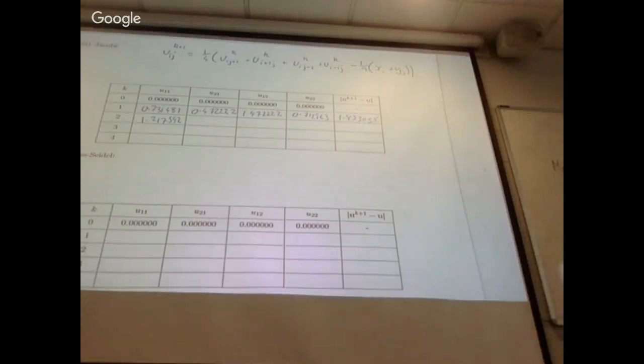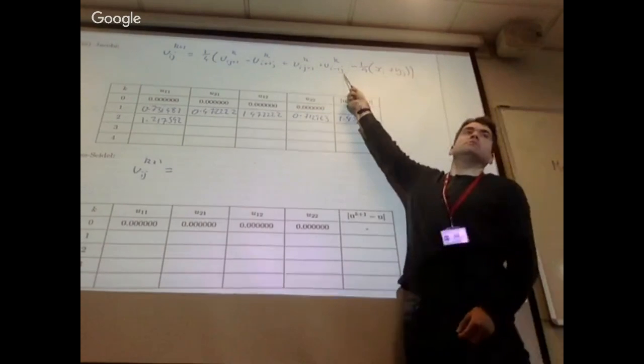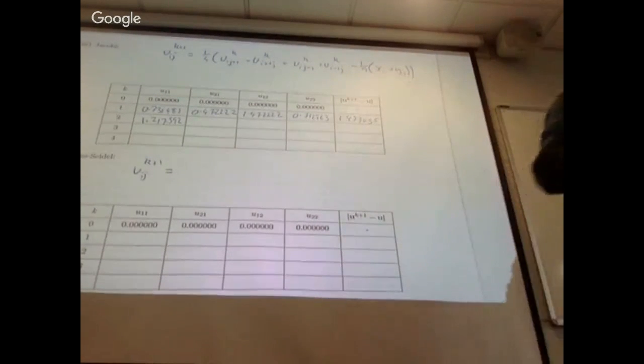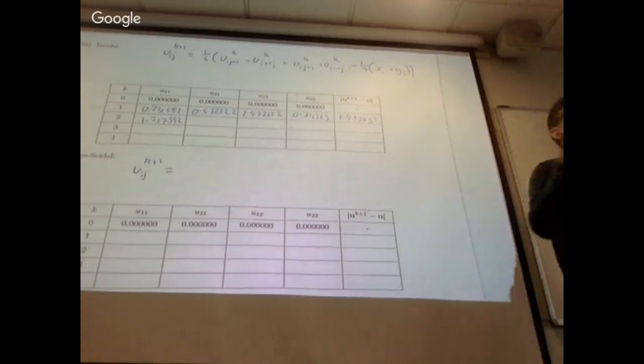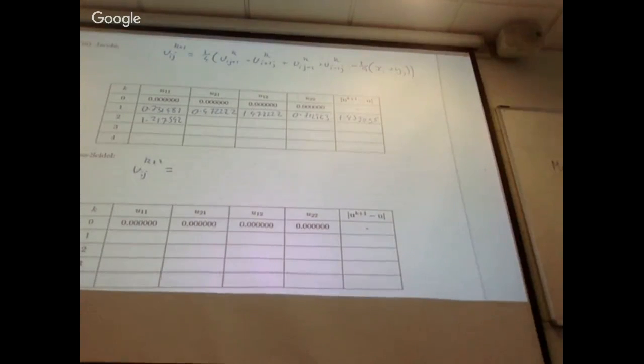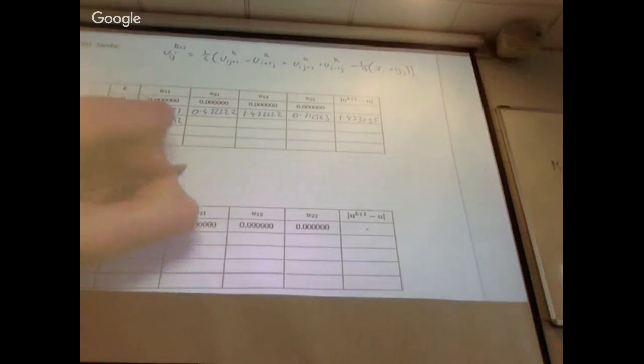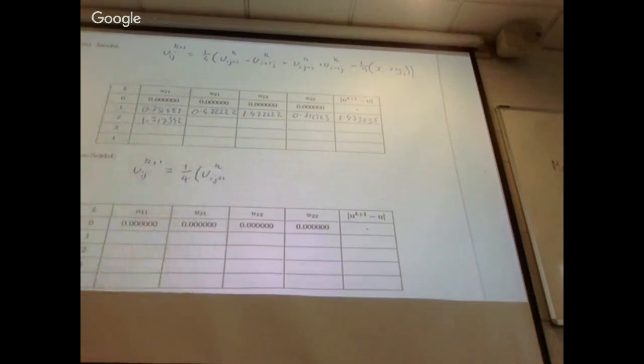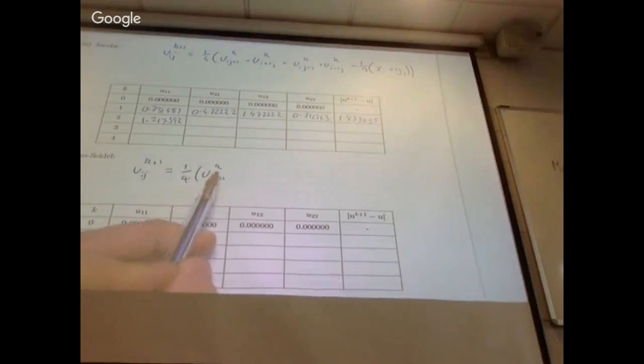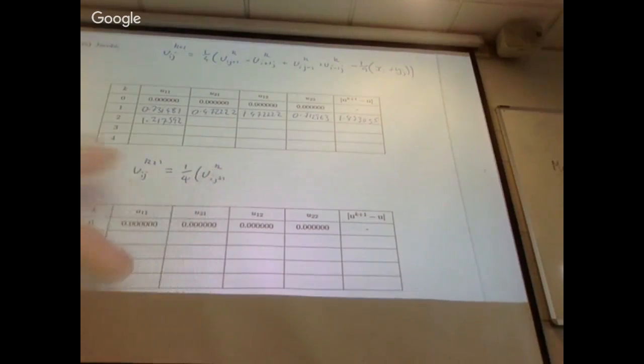So all we do with Gauss-Seidel is calculate the value of the ith node, which is essentially exactly the same as the Jacobi method, except for the nodes to the south and to the west, where we use k+1. So we have a quarter. The node to the north, we still have to use the old value.